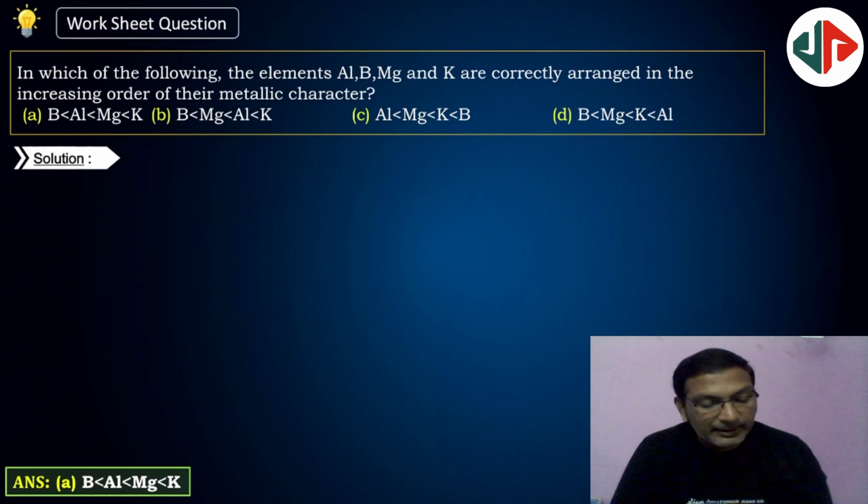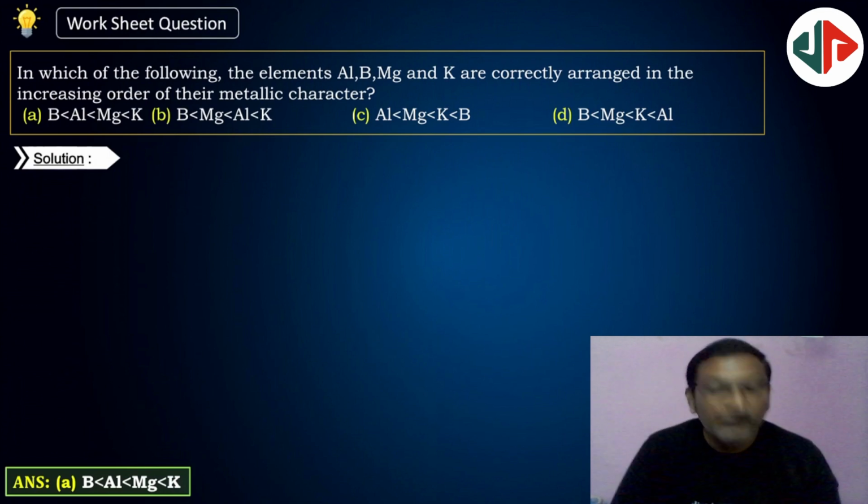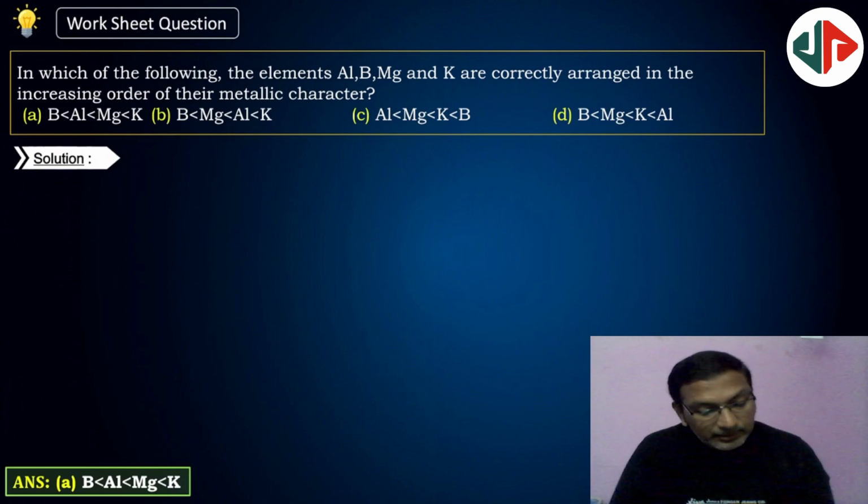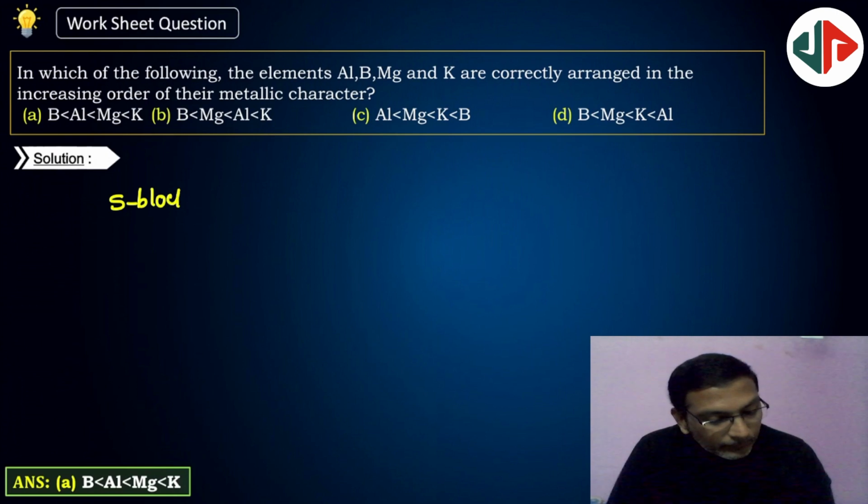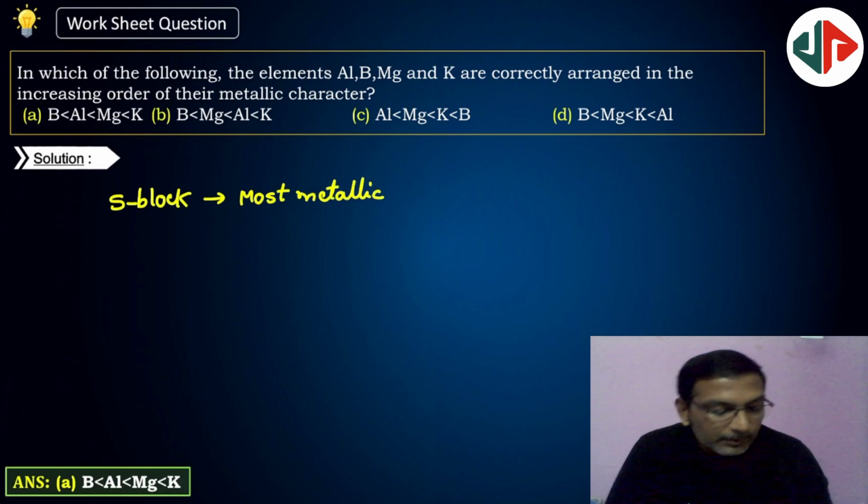In which of the following are the elements aluminium, boron, magnesium and potassium correctly arranged in increasing order of their metallic nature? See here, s block elements are most metallic. They can lose electrons more easily.